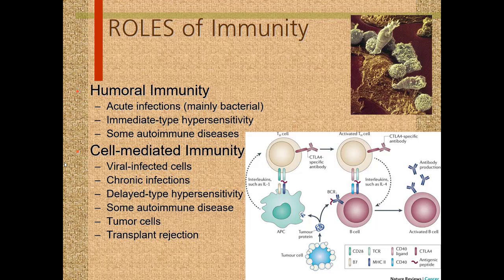The picture up at the top right is showing you cytotoxic T cells in gray trying to kill a cancer cell, which is the big cell that is in tan. And the picture at the bottom is showing you a nice interaction between T helper cells and B cells, as well as APC, in trying to destroy a cancer cell.